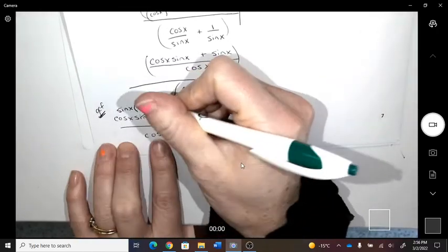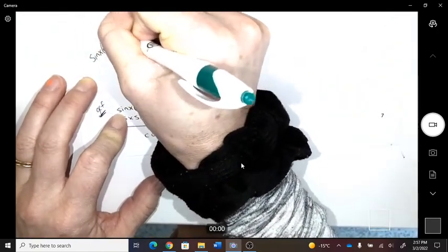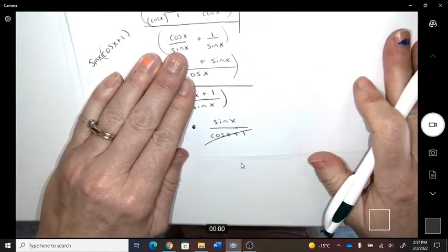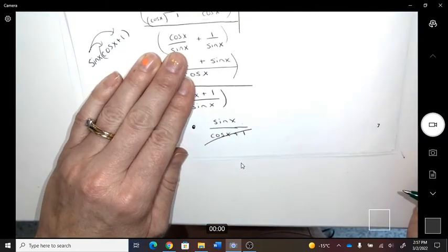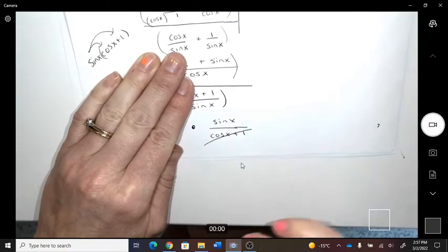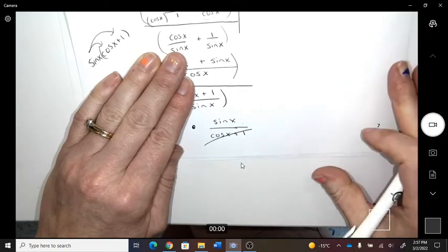Okay, if I have this, can you FOIL that out for me? What do you get? You get sine x cosine x plus sine x. You see it?